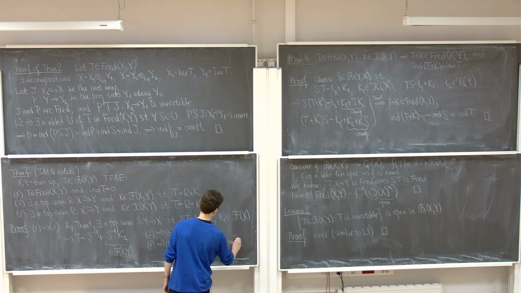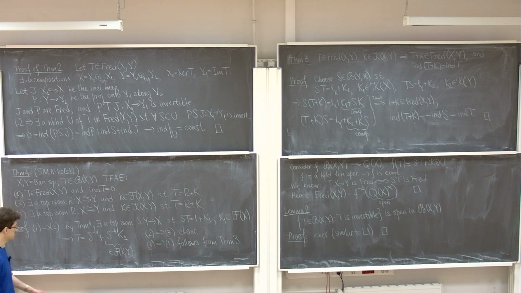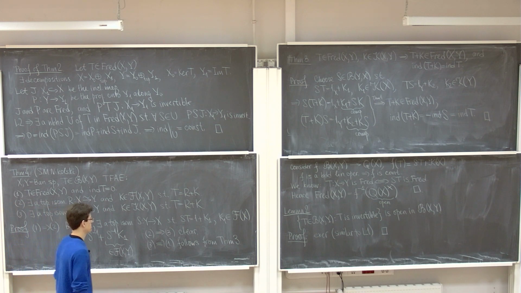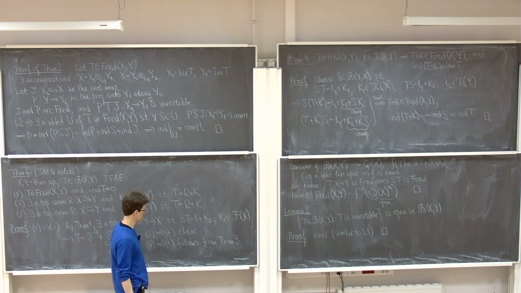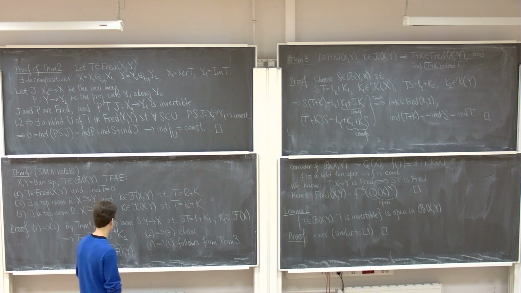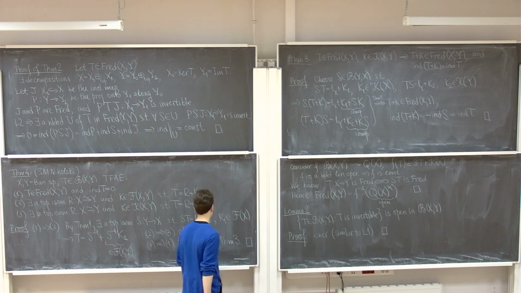Well, indeed, we know that the Fredholm property and the index are stable under compact perturbations. But of course, since R is a topological isomorphism, it is Fredholm, and the index of R is 0. So by theorem 3, the same is true of T. Okay, that's it.